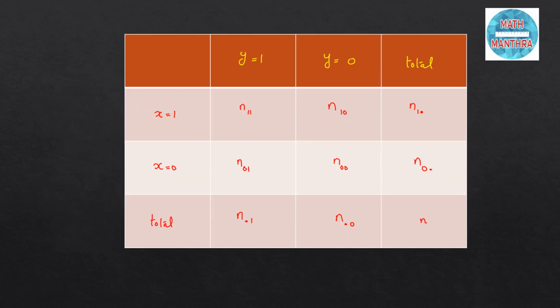Here the table gives you a simple illustration for finding the Phi correlation coefficient. We have taken two variables x and y. Here y takes two values, as already mentioned in the previous slide, 1 and 0. Similarly, the variable x takes values 0 and 1.